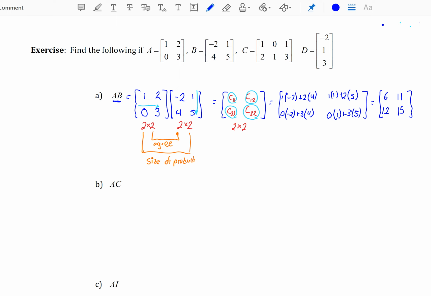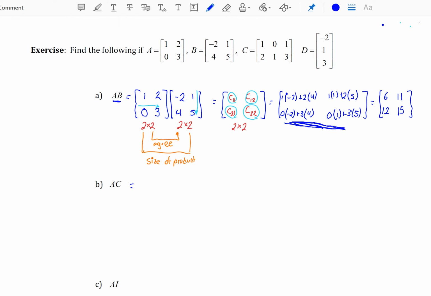Now again, typically I do not show this step here. Once you do enough matrix multiplication, you probably just do these computations in your head, or maybe with the use of a calculator. Okay, let's do another one.